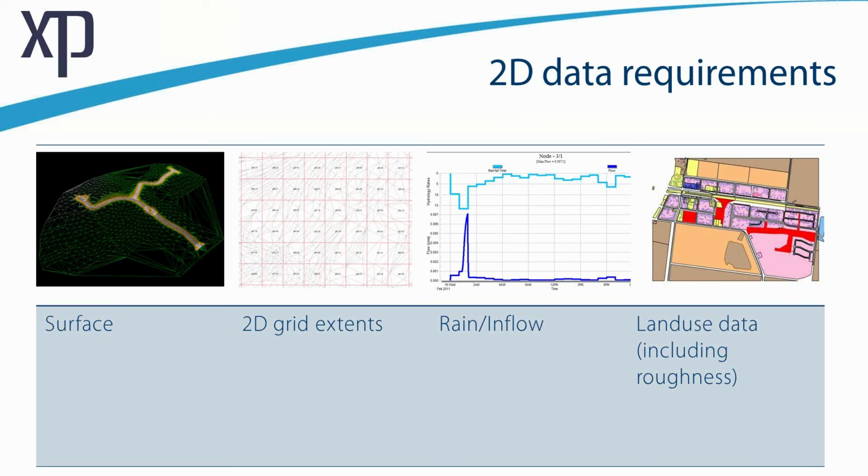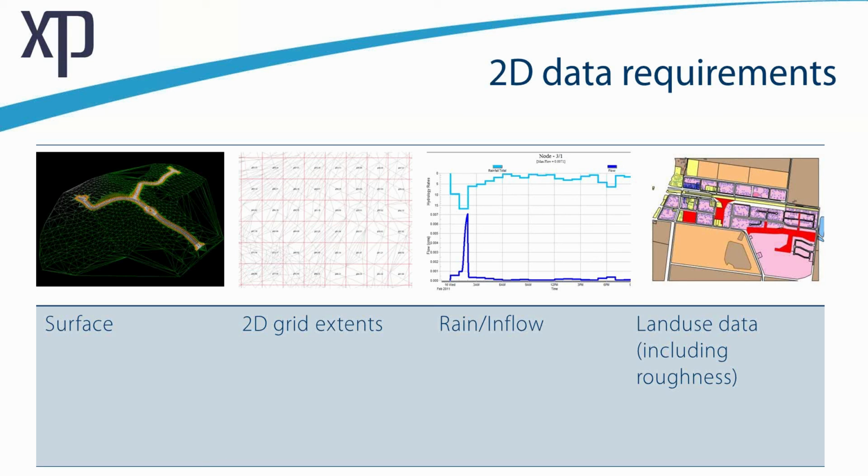And then we move into 2D models, and so from a 2D model perspective we need to understand the surface terrain, which has been triangulated on the image to the left. Many 2D models then regularize that into a grid format to then take the hydrologic information in conjunction with land use details.